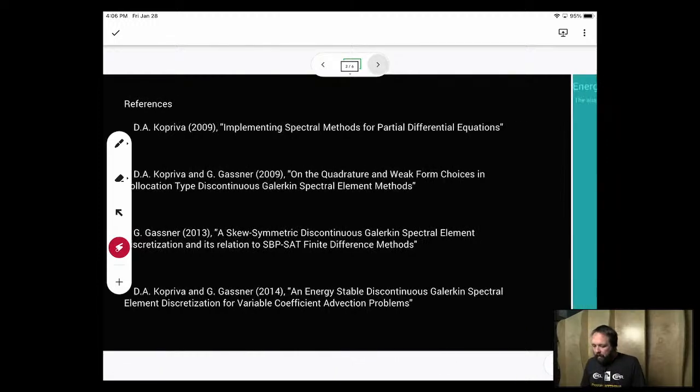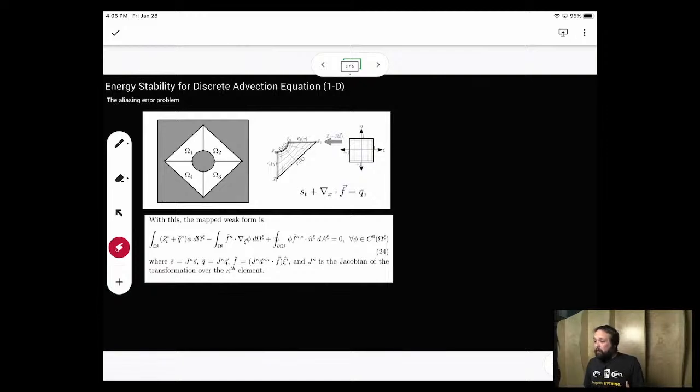Rather than starting from this form of the equations to generate the weak form, we do something pretty clever to write an equivalent form of the divergence. We get one that's based on doing a chain rule for the divergence, and one that's in its current form, and we just average the two so that the aliasing errors cancel out.